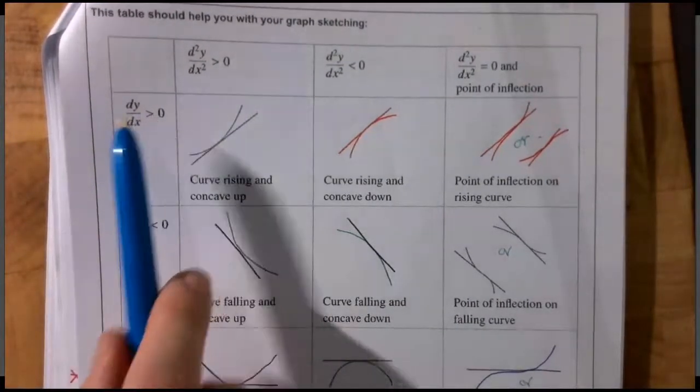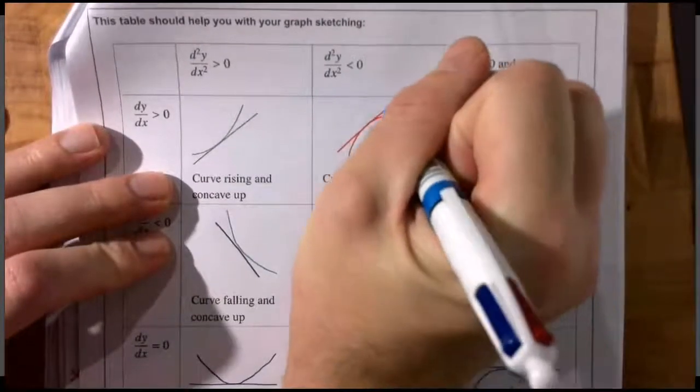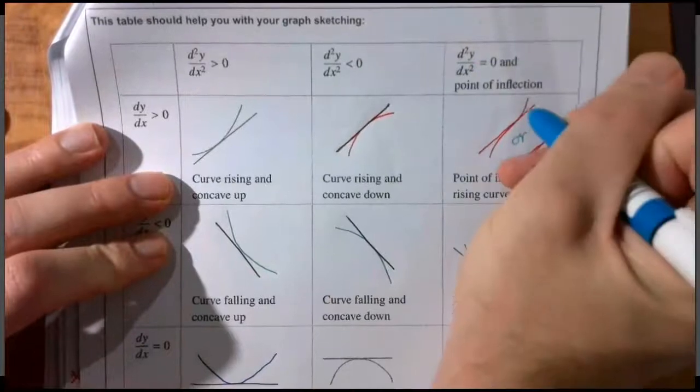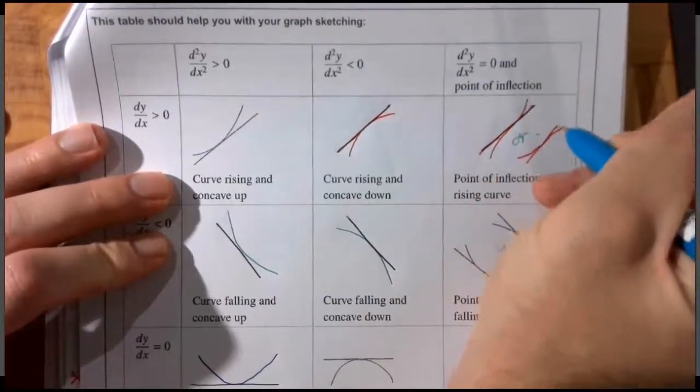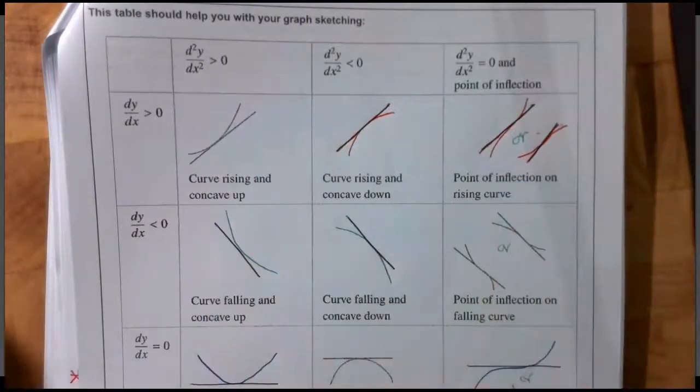Gradient being positive, the first thing I can draw in here is these tangent lines, because the tangent lines have a positive gradient, so they must be going from bottom left to top right.